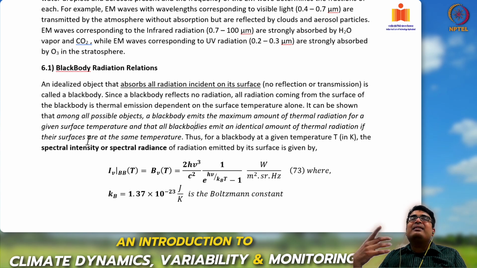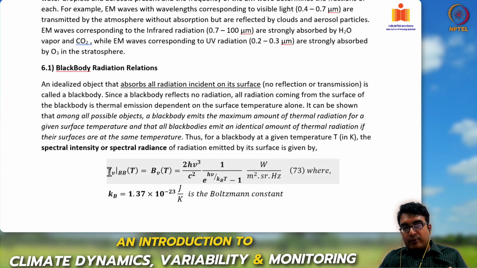And what is this? The function of black body radiation intensity. It is written as I nu, the spectral radiation intensity for a black body at a given temperature.